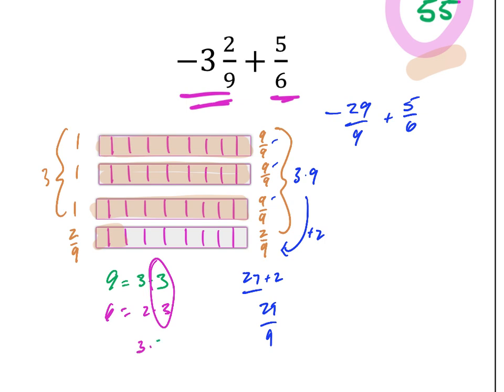They have that 3 and the 2. So that's going to be 18. So that's the least common multiple between the two. And I have to take 9 times 2 to get 18 and 6 times 3 to get 18. So that tells me I'm going to come over here and say this is times 3 over 3. And this is going to be times 2 over 2.